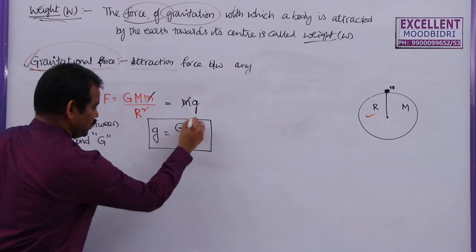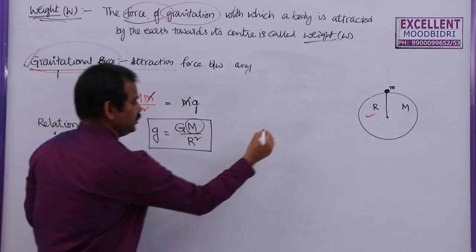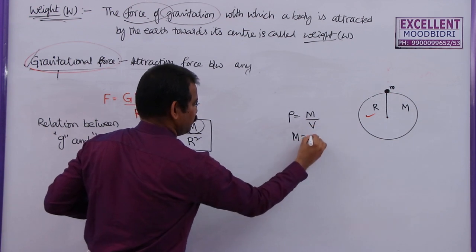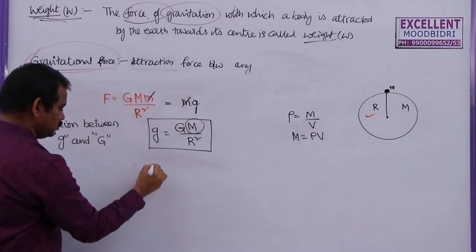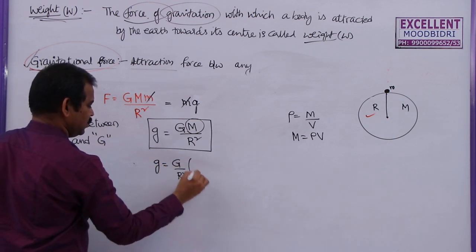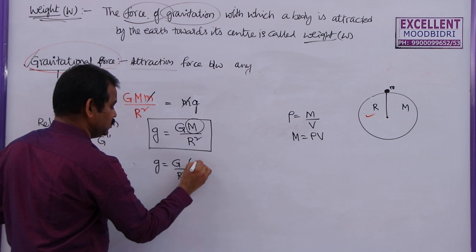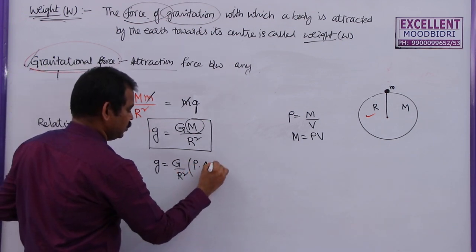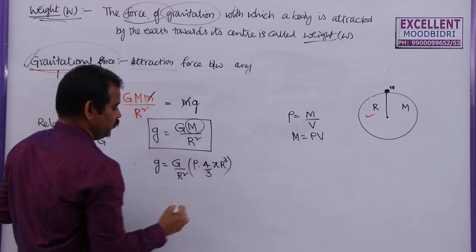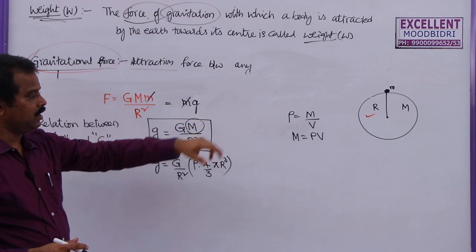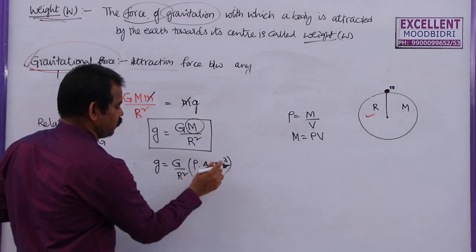This mass of the earth can also be written using density. We know that density is equal to mass by volume, so mass is equal to density into volume. So this can also be written as small g is equal to capital G by r square, and mass is equal to density into the volume, 4 by 3 pi r cube. We know that earth is not exactly a sphere, but if you consider earth as a sphere, then the volume of the sphere will be 4 by 3 pi r cube.